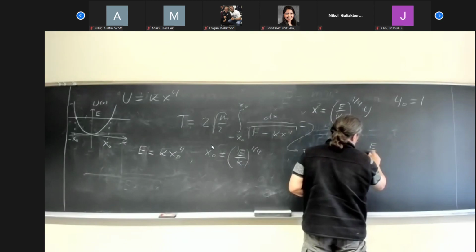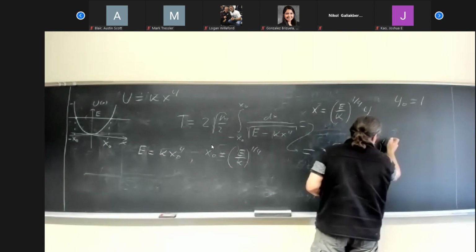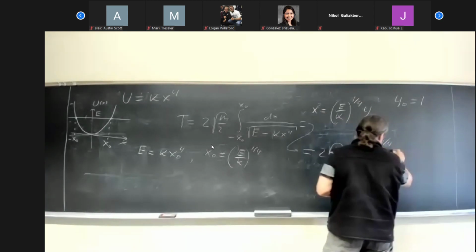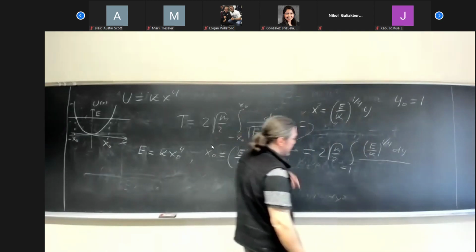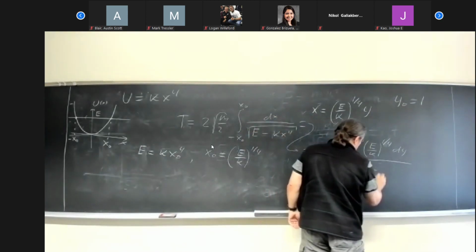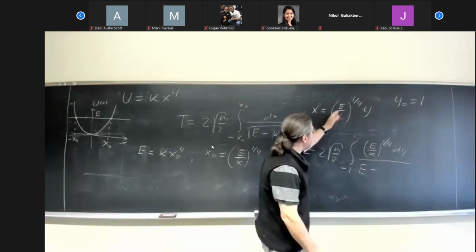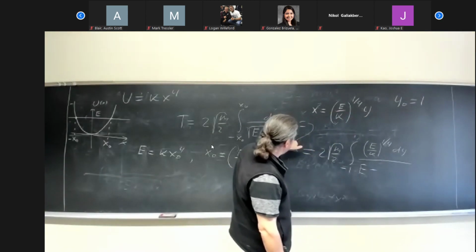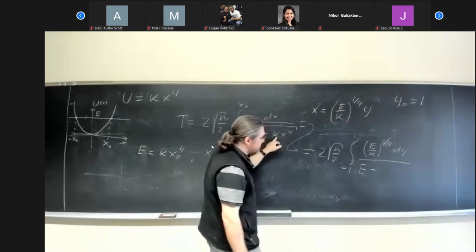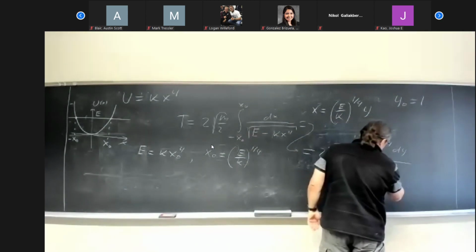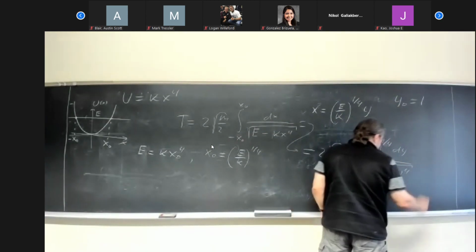So it's E divided by k in power 1/4 dy. And now I need to substitute it here. So I have E minus, and instead of x, I need to substitute y. So when I take the fourth power of x, I will have E divided by k. k will cancel this one, so I have E y to the 4th.